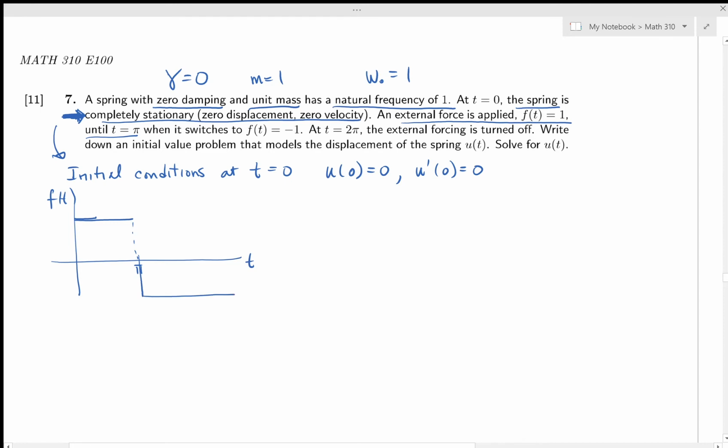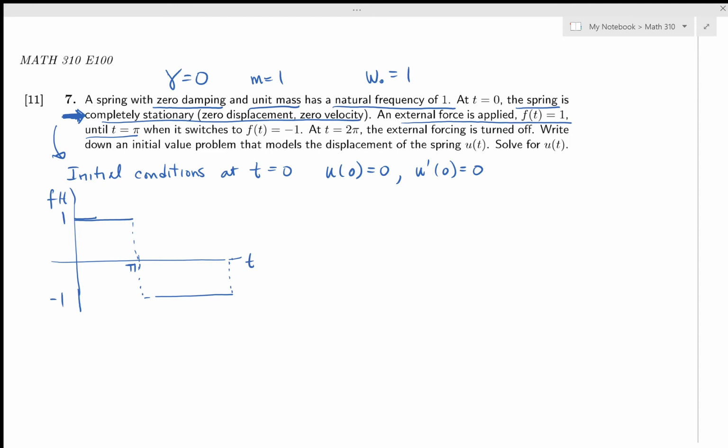At time t equals 2 pi, it is turned off. Okay, so I have here 1 and -1. I shouldn't draw these as pi, just like this. This comes down like that, and I don't want to imply that there are values here, and then it switches like that.